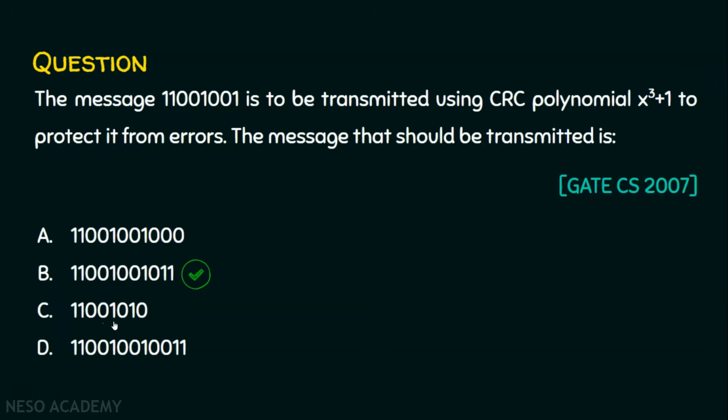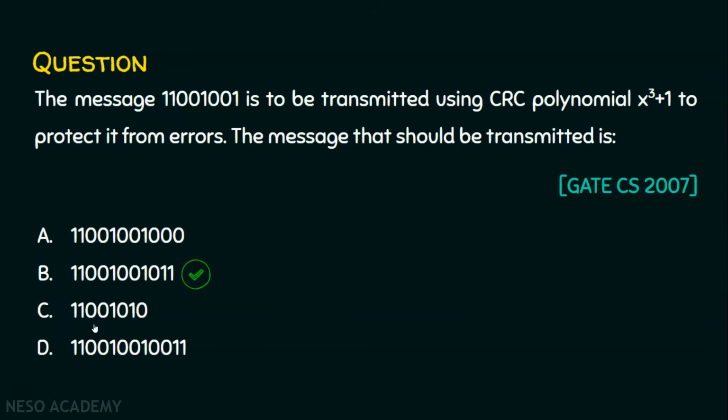Because when we are required to find the message to be transmitted in CRC, we'll be getting the original message appended with CRC. So obviously this will be in the starting place of the options. If you observe, option A is having that original message, option B is having it, and option C is not. So we can blindly ignore option C and we can try doing with option A, B or D.